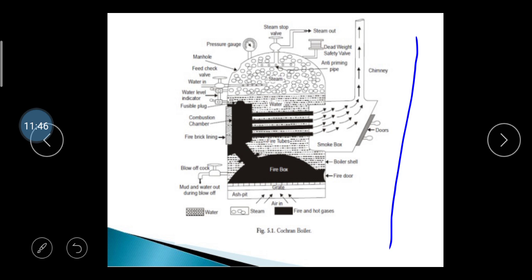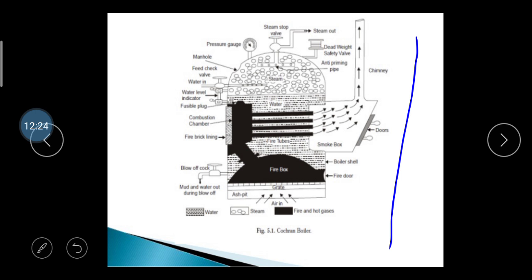So here you can see there are the fire box, then the steam stop valves, then the doors, then the chimney, then the fire hot gases, boiler shell, fire door, then the blow cock, then the mud and the water out during the blow, then the fire brick lining, then the combustion chamber, then the water level, water in, water out, then the pressure meter, then the steam stop valve, steam out.